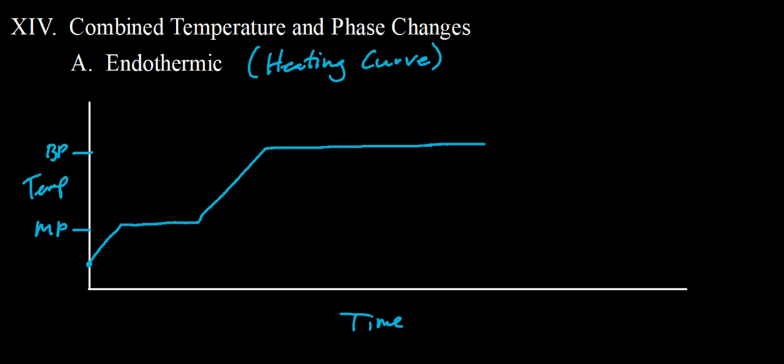So why is this? Let's take water, for example. Let's look at ice. When you melt ice, what's happening to the particles? Remember, the particles of a solid are held tightly together in fixed positions, whereas the particles of a liquid are able to move past one another.